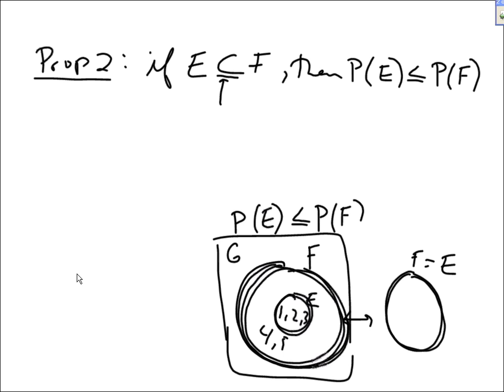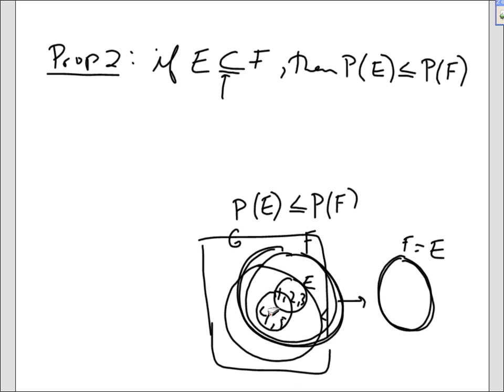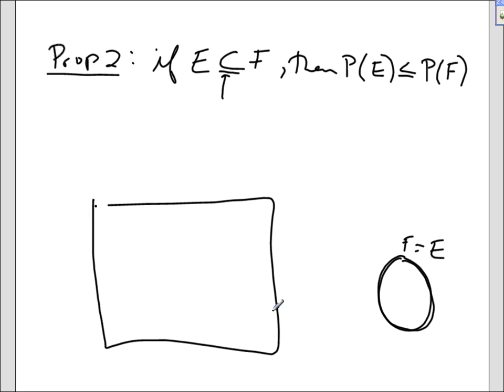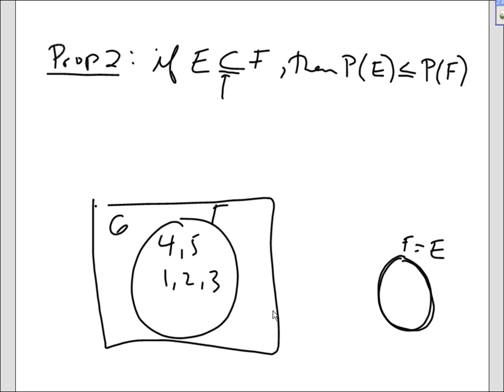There's no reason to see that circle inside of F. For example, if this is the sample space, the result of tossing one die, here is F. It has 4, 5, 1, 2, and 3, and it doesn't have 6.